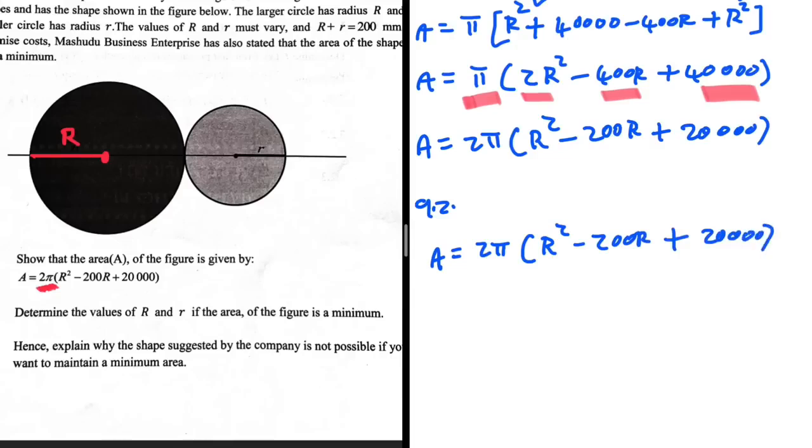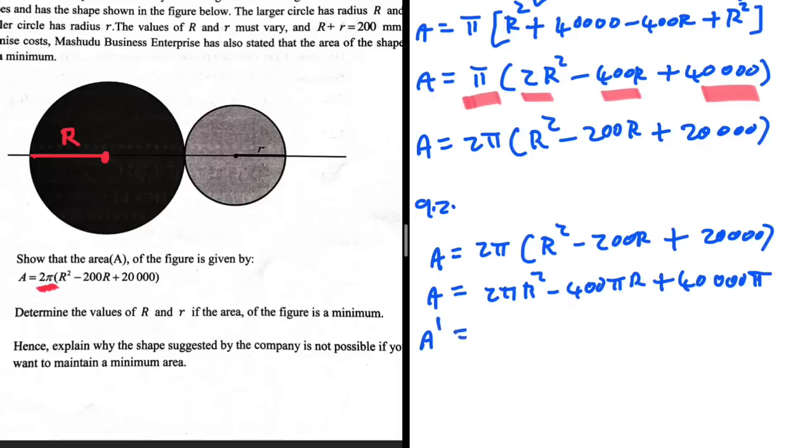So obviously we're going to differentiate and equate to 0. When we multiply out with 2 pi, we get 2 pi R squared minus 400 pi R plus 40,000 pi. We're moving backwards now essentially. Okay, now we can differentiate.